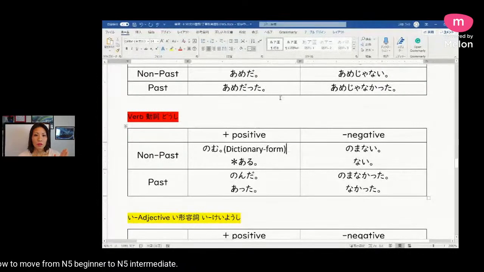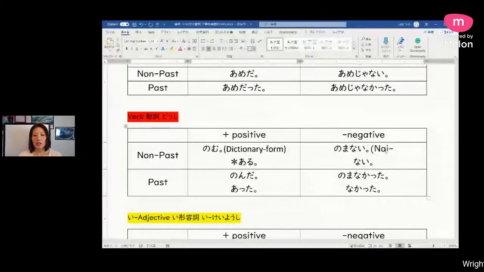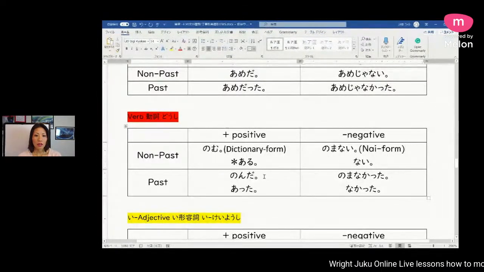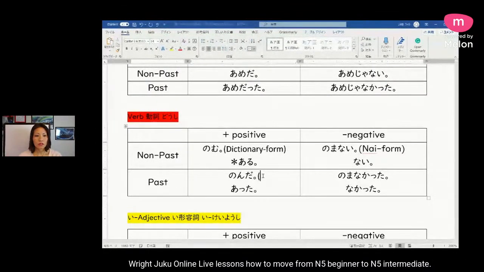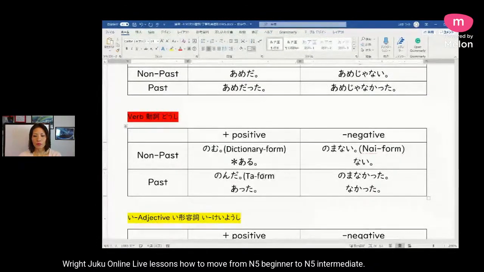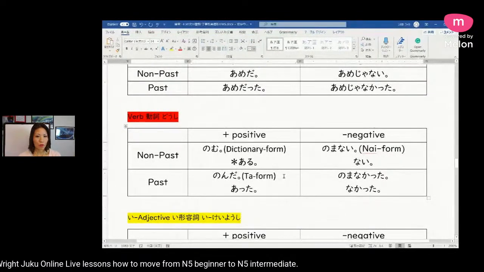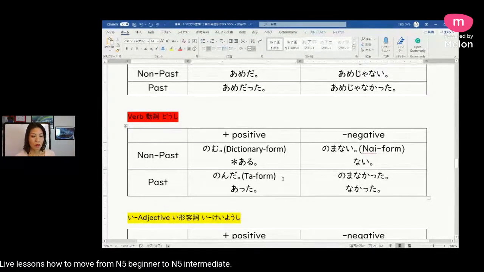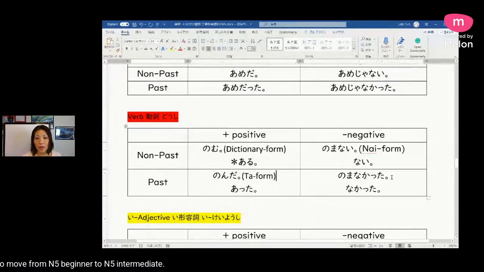For the plain form verb, non-past negative, we use the nai form. And for the plain form verb, past tense positive, we use the ta form, which comes from the te form, and then you switch to the ta form. And nomanakatta here is the combination of nai form and ta form.